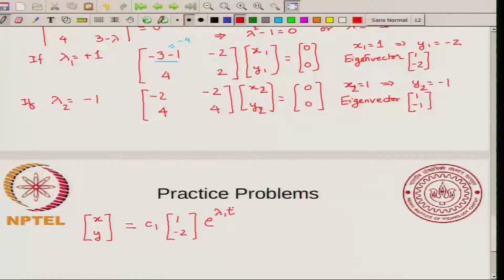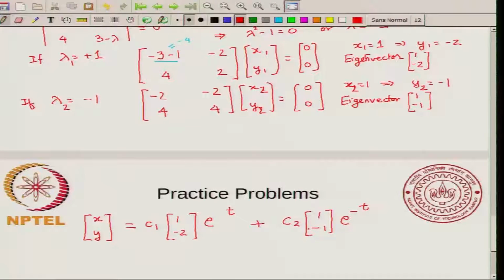Lambda 1 is just 1, so e raised to t, okay. And the second term, C2 times 1, minus 1, e raised to minus t. So this is my general solution, and notice that the general solution has two undetermined constants.